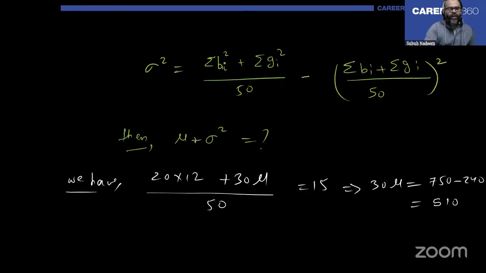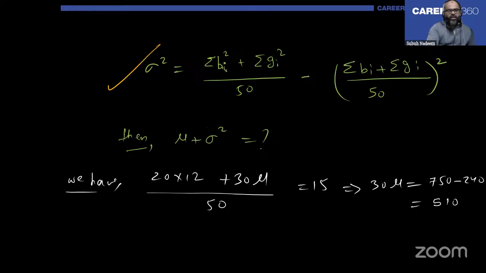Now what we have to find is sigma square. So sigma square is equal to sigma Bi square plus sigma Gi square by 50.